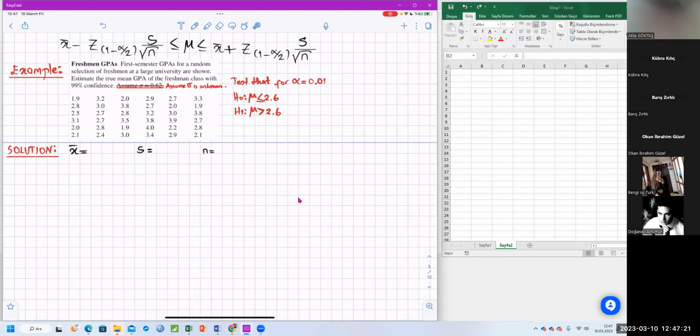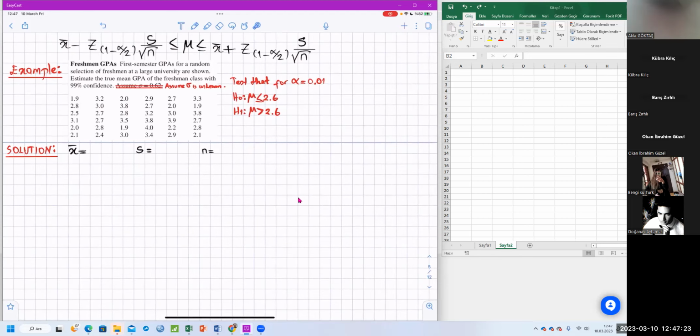I can easily determine the sample size by counting the number of values given. 1, 2, 3, 4, 5, 6. In each group, I have 6. So 6 by 6 is 36. So the sample size is 36. Mu null is 2.6.